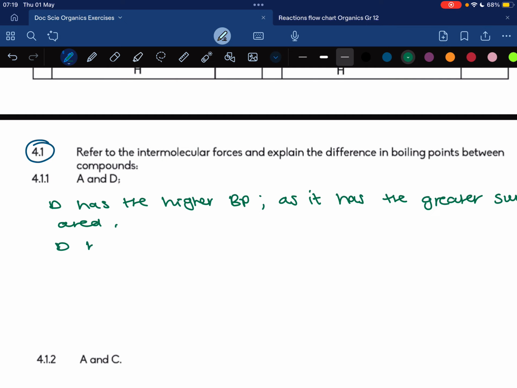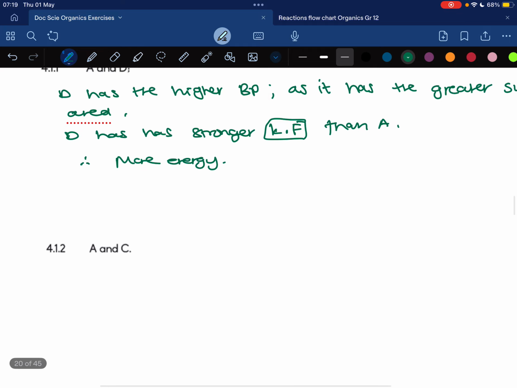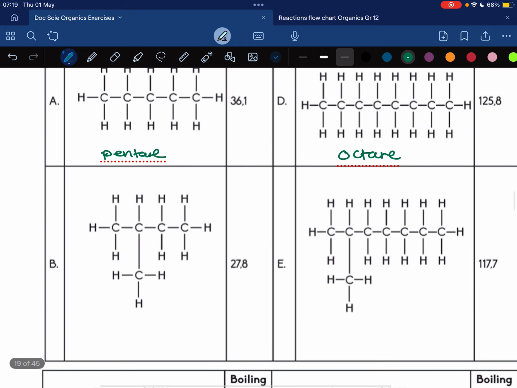So D has the stronger London forces than A. And then you would say the more energy statement, more energy needed to overcome those forces. Okay. Then A and C.